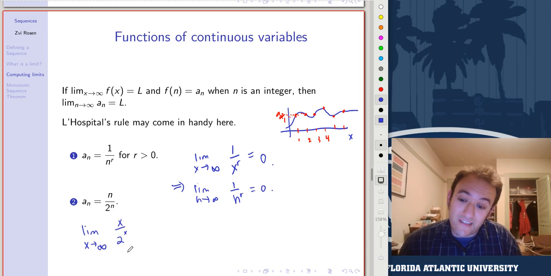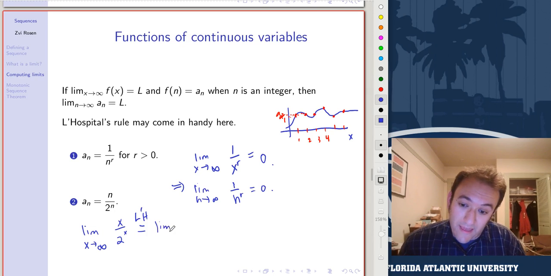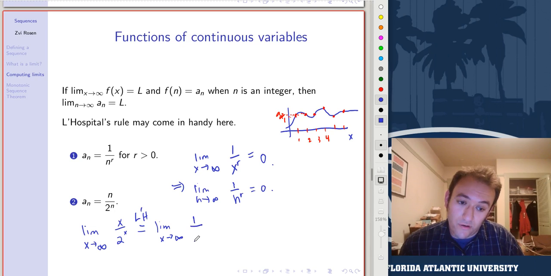Both the numerator and the denominator approach infinity. So by L'Hopital's rule, we can take the derivative of the top and the bottom and compute the limit of that ratio. What we obtain is 1 over 2 to the x ln 2.